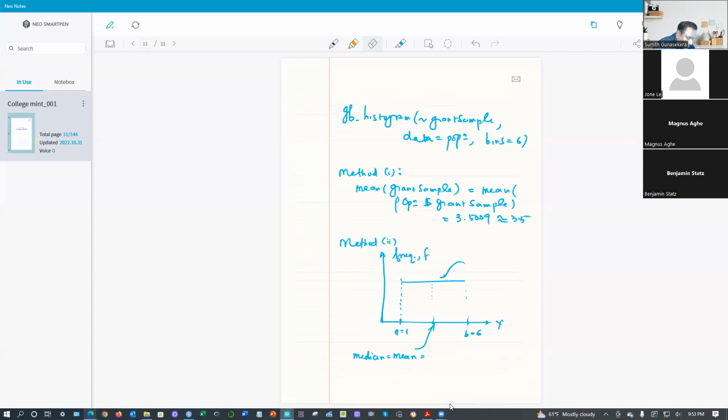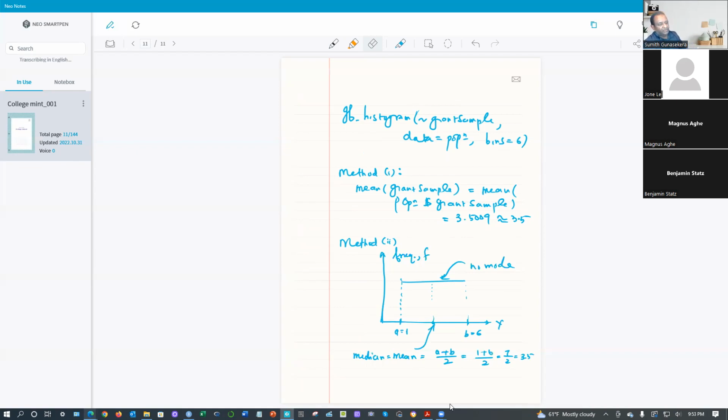There's no mode. So what do you do? You add a plus b and divide by 2. See, 1 plus 6 divided by 2, 7 divided by 2, 3.5. That's another way to get the answer.